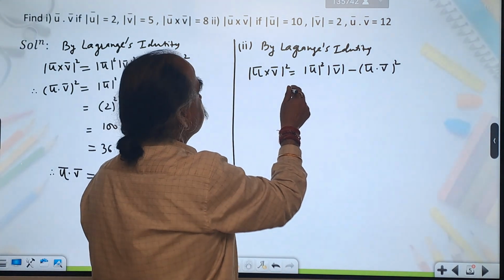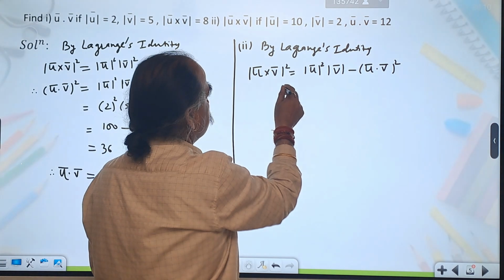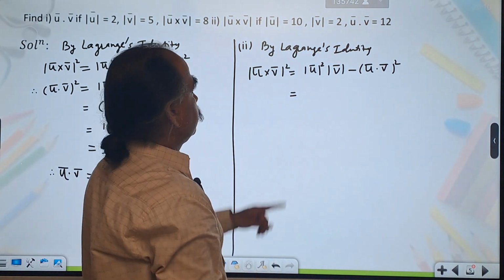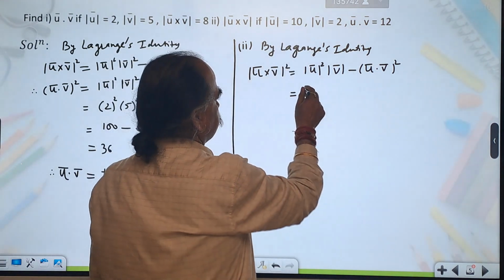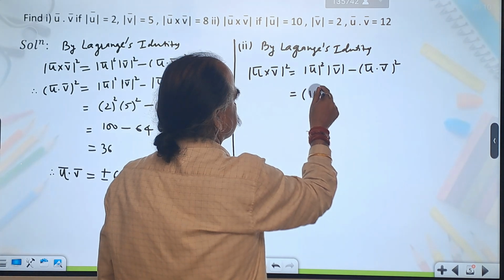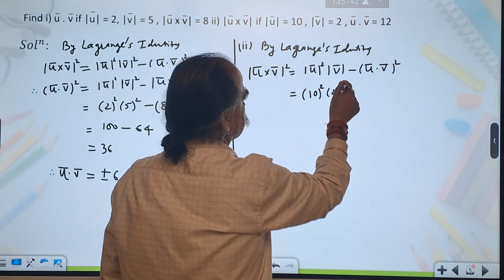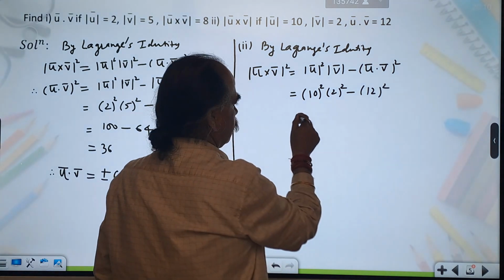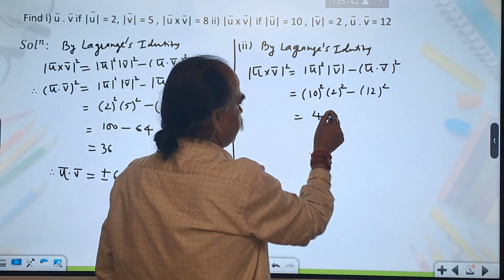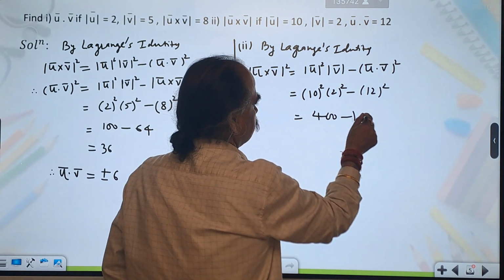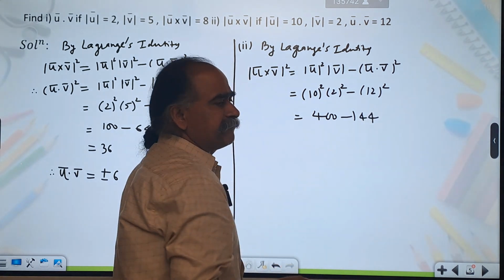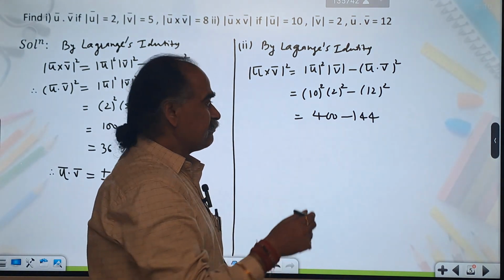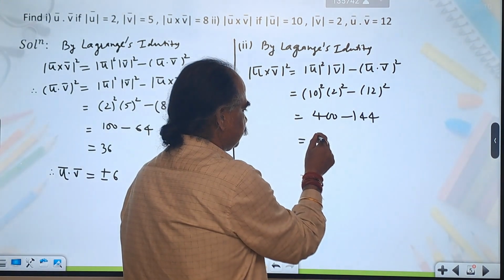Mod u square is what? 10 square into 2 square minus 12 square. 400 minus 144 is 256.